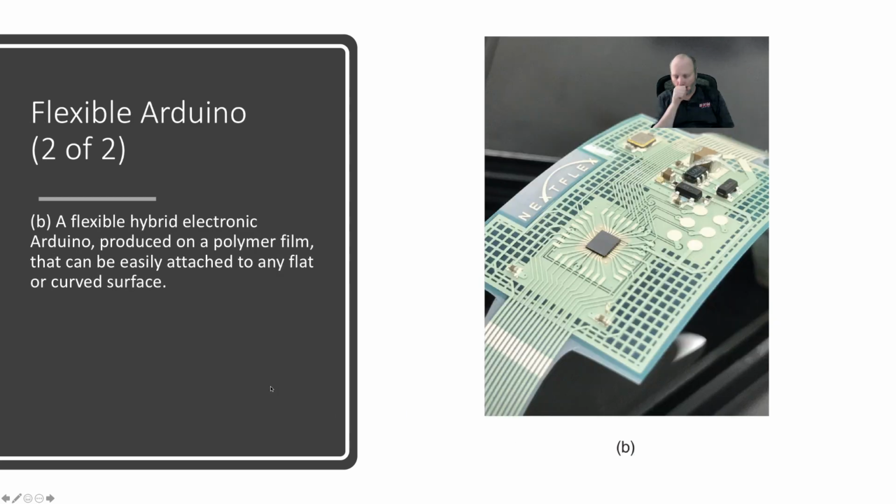Now there's even a flexible Arduino system. This is nice for wearable electronics or maybe bio MEMS applications where you might want to put a circuit system on a patient and stick it to them so you can monitor their health. Maybe after a week the sticky circuit falls off when you don't need it anymore. For post-operative monitoring, it's really good.